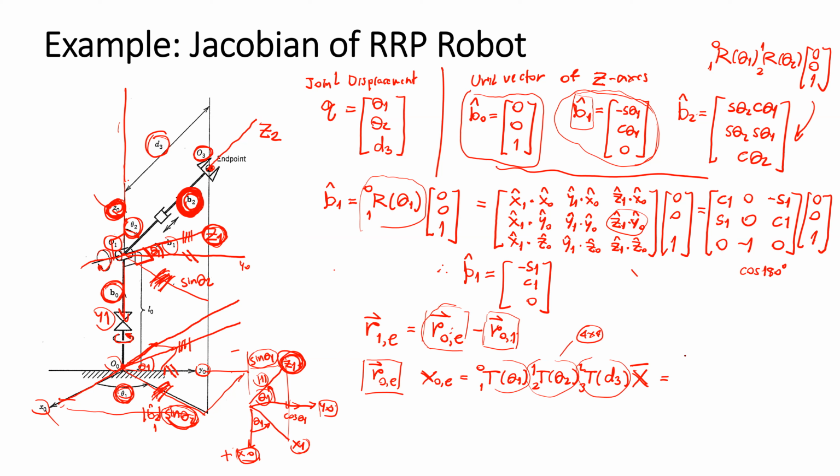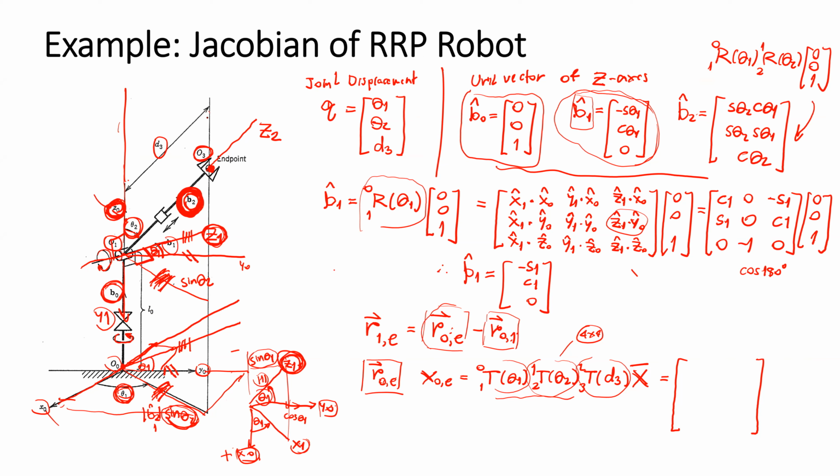But for me, I know the physical meaning of this. The physical meaning of the relative position vector measured from the origin of the 0 frame to the end effector frame is the position of the end effector point. D3 is the offset.